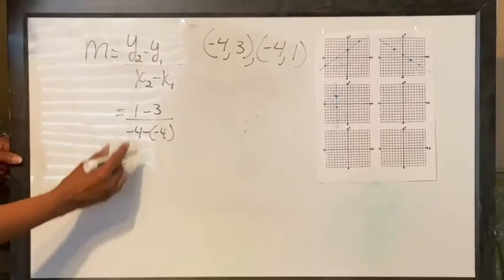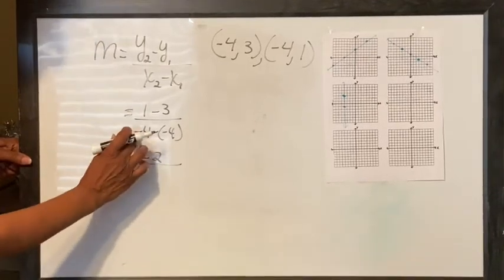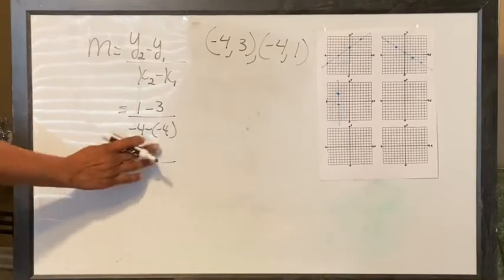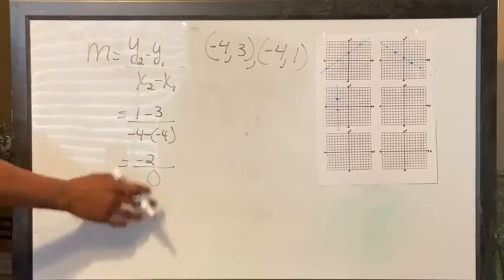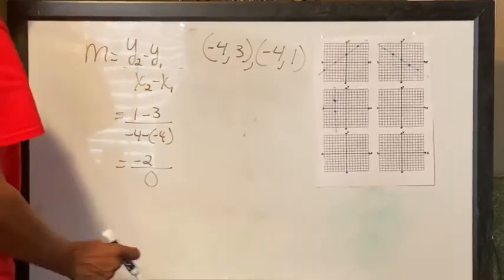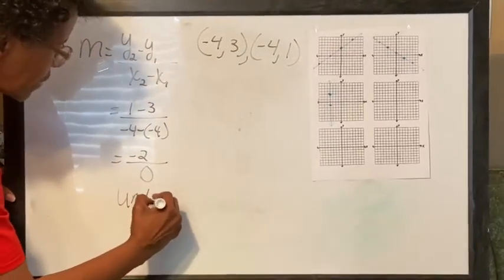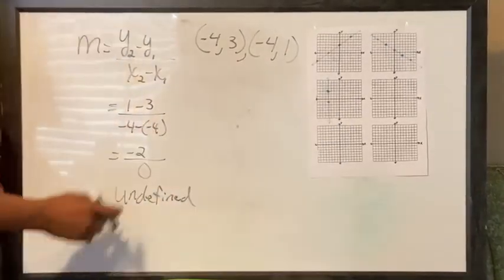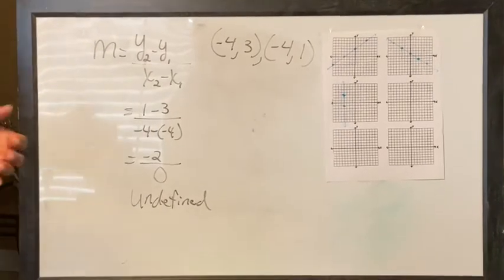As I simplify, 1 minus 3 is -2. Any number minus itself gives you 0. And you have been taught that 0 as a denominator is undefined. So this proves to you that a vertical line has no slope. So this slope is undefined. So the slope of a vertical line is undefined. 0 as a denominator is undefined.